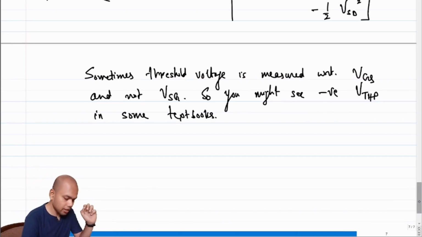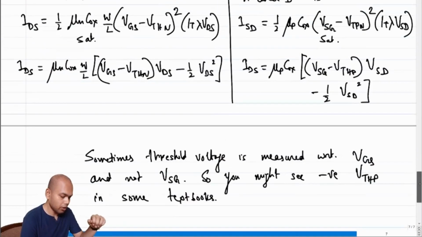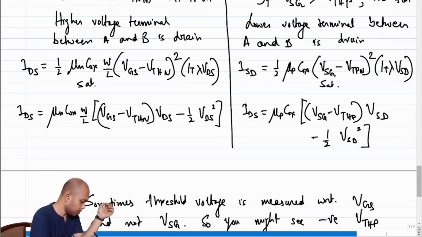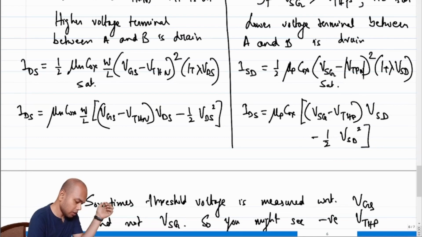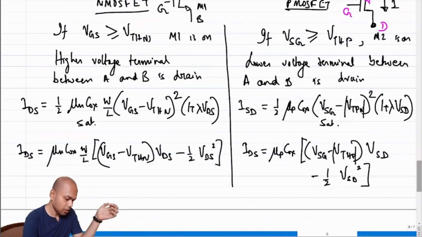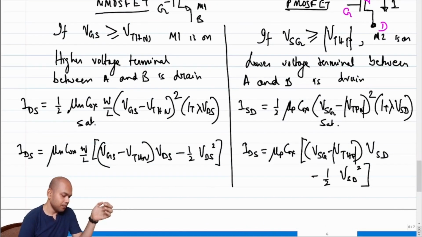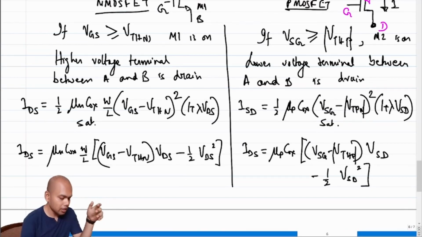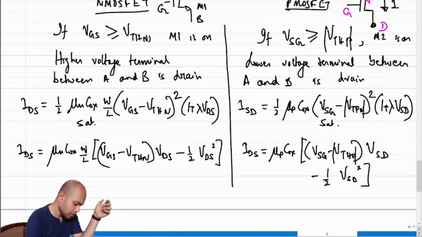But in this course, what we will do is simplify our life, and we will be using the modulus of VTHP, and we will stick to this terminology of VSG wherever possible. Hence, what we need to do is to ensure that even if we are given a negative threshold voltage, we will make it positive by taking the modulus and use these current equations as we proceed.